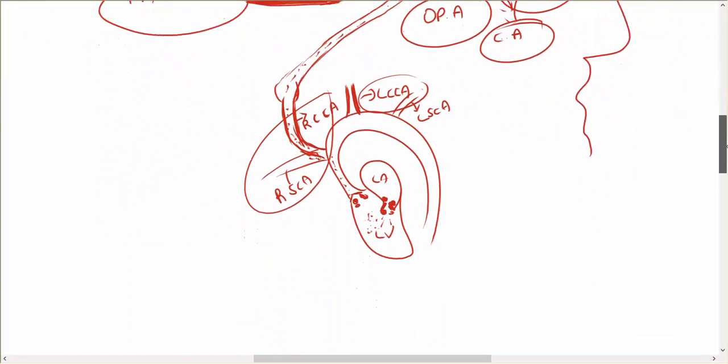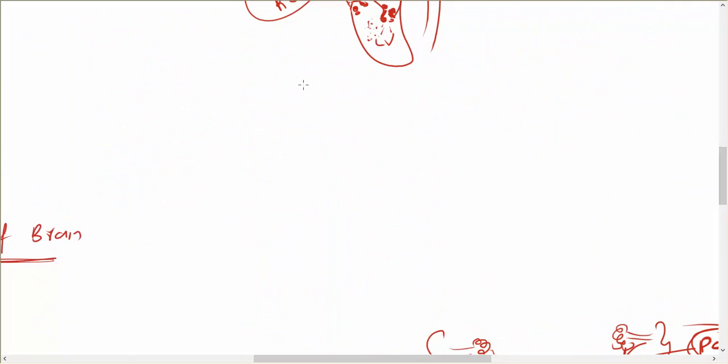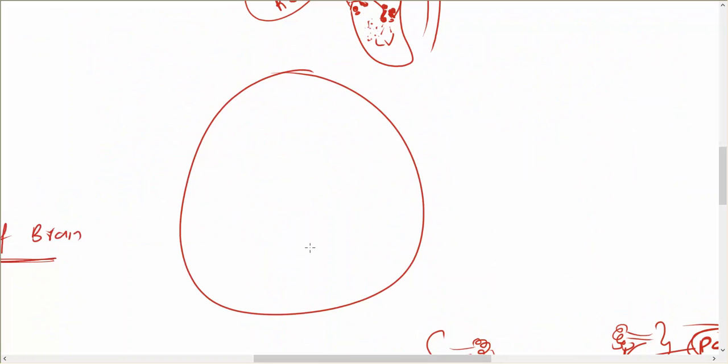Concentrate now. This is the foramen magnum. This is the pituitary fossa, sella turcica.